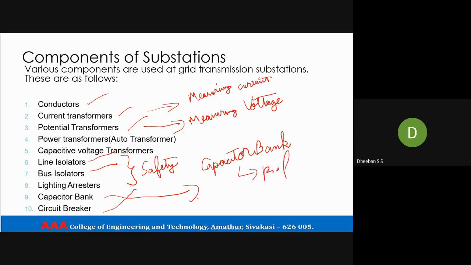You have to keep your power factor at unity, which you might have studied in circuit theory. Why are we making it unity? What is the need for a unity power factor, which you study in your machines as well as circuit theory? For that purpose, we'll be making use of the capacitor banks.